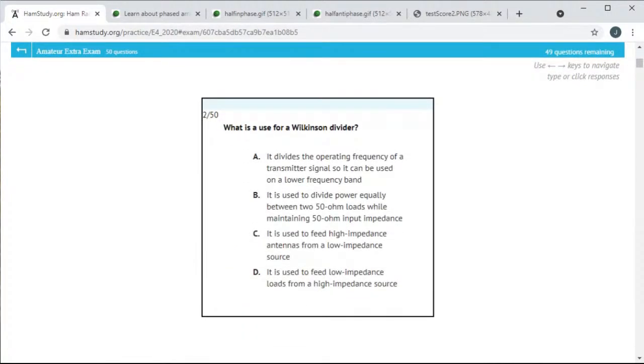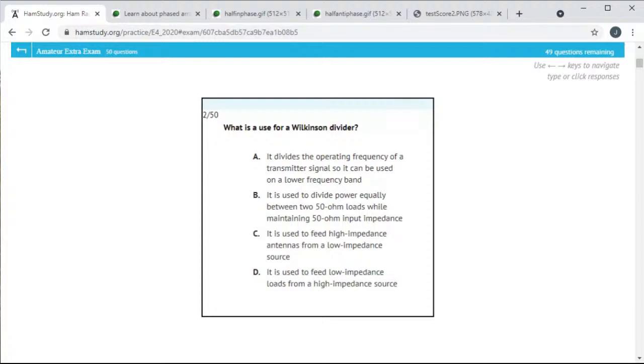Question 2. What is a use for a Wilson divider? A, it divides the operating frequency of a transmitted signal so it can be used on a lower frequency. B, it's used to divide the power equally between two 50 ohm loads while maintaining a 50 ohm input impedance.